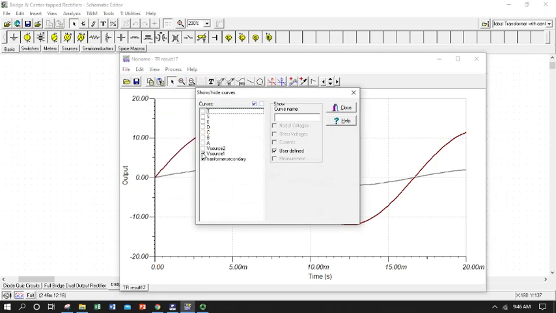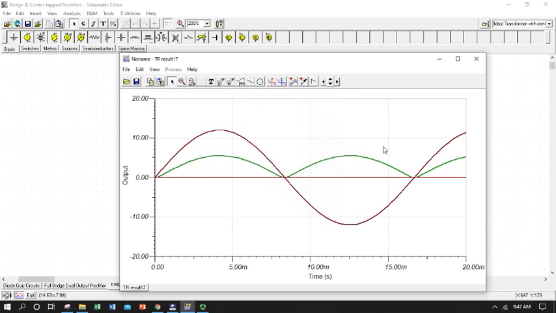All kinds of things we can check with our simulators. So we're not going to display the primary input anymore. Now let's check what we have going over our load. We kind of know what point B is. It's at ground. So now let's look at our load voltage, and we'll see what our rectifier did for us.